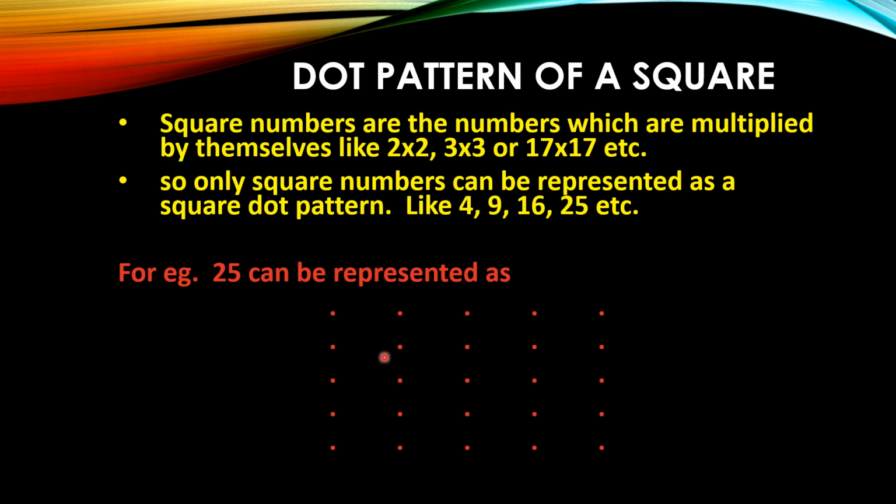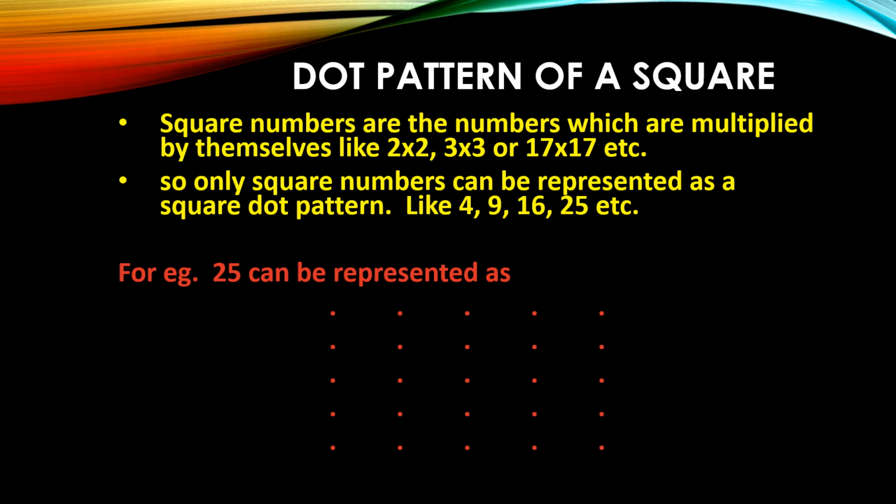Here it is very easy. We know what a square is. A square has all the sides equal. So here we have 5 dots horizontally and 5 dots vertically on all the sides, like so. This is the way to represent some number in the form of a square. So this will be called the dot pattern of a square, right?